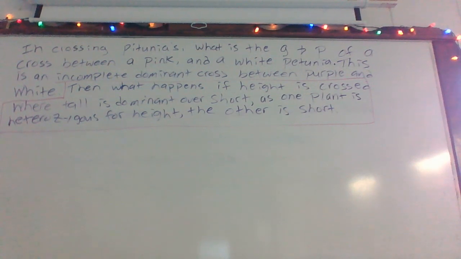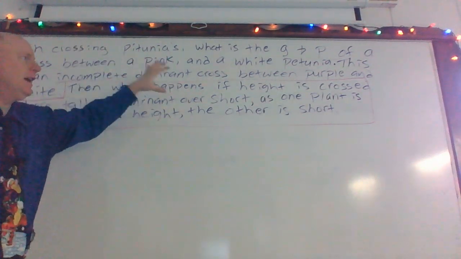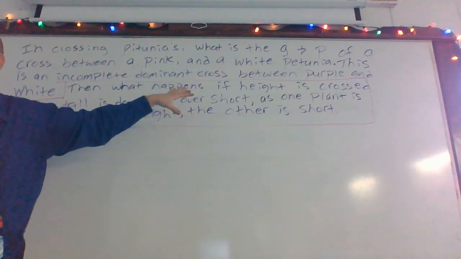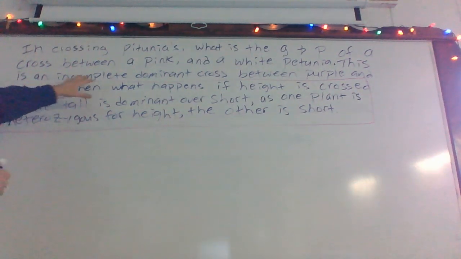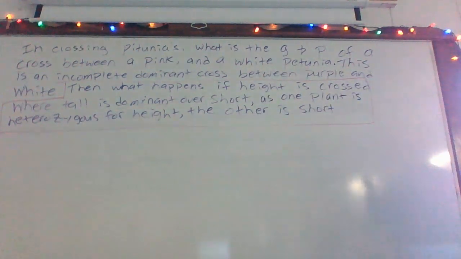Okay? So, in other words, what we're going to do is look at this first part, then we'll put two together for a dihybrid cross. All right. So, the reason that we see this, an incomplete dominant cross, why is that important, do you think?